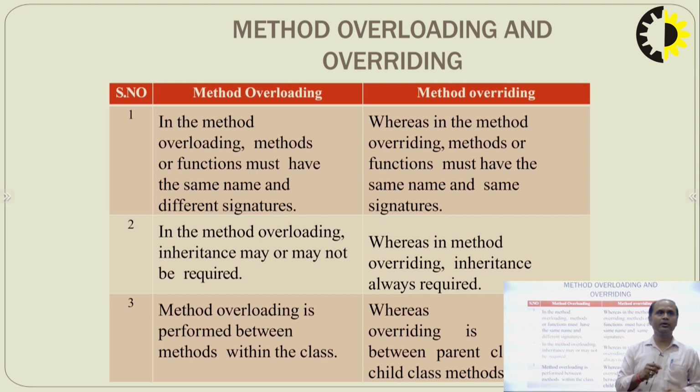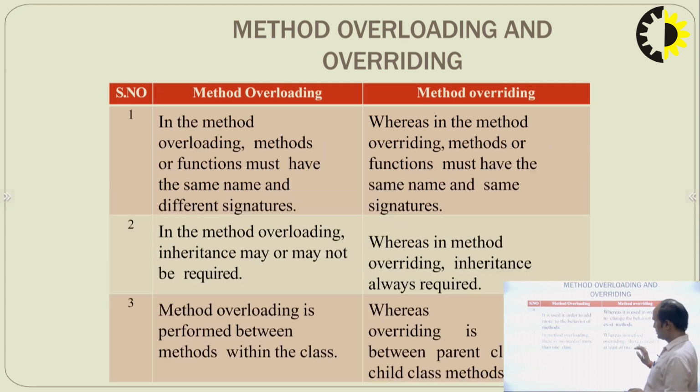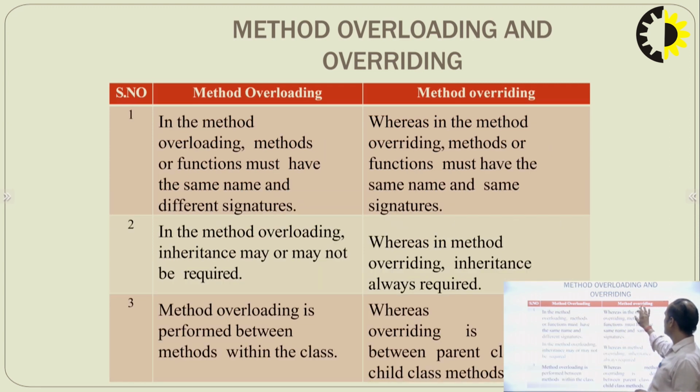That is called overriding. In method overriding, the function name must have the same name and the same signature. So there are two concepts in polymorphism: one is overloading, another is overriding.